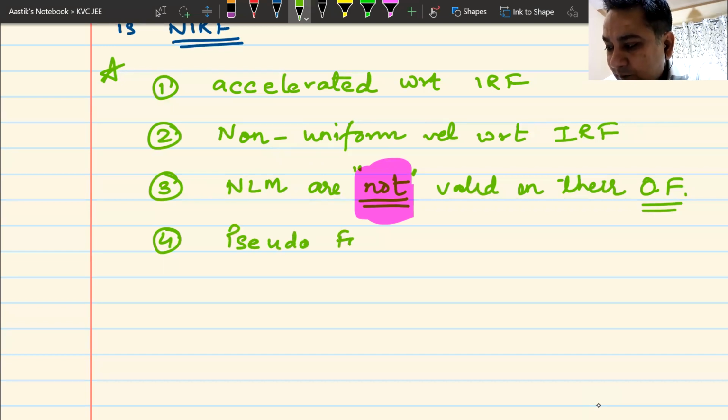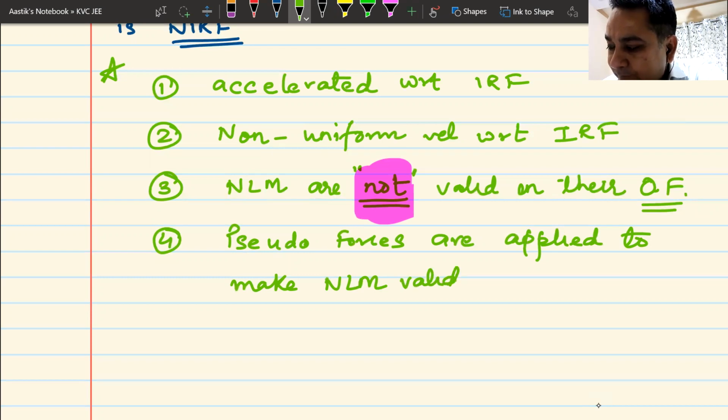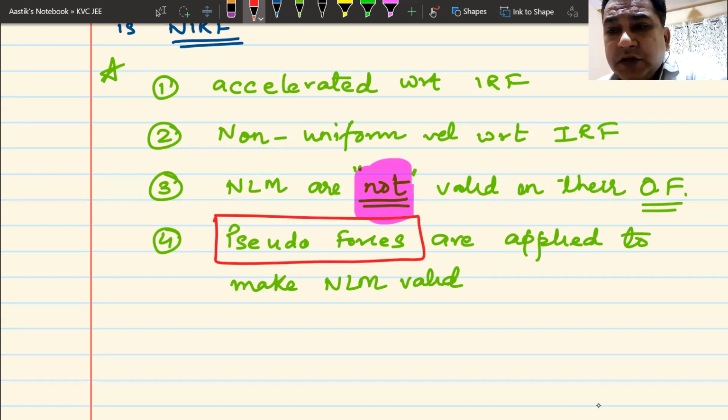Pseudo forces are applied to make Newton's laws of motion valid. So you have to apply something known as pseudo forces so that you can make Newton's laws of motion valid.